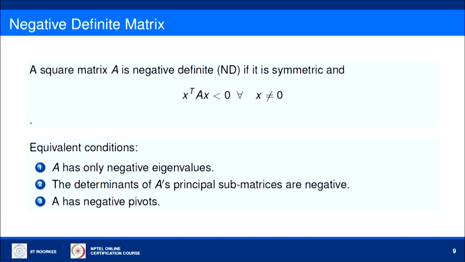The equivalent conditions are: A has only negative eigenvalues, the determinants of A's principal sub-matrices alternate in sign starting negative, or A has negative pivots. These are the equivalent conditions. Like the test we have seen for the previous example, just the same test but in the negative sense to prove a given matrix is negative definite.